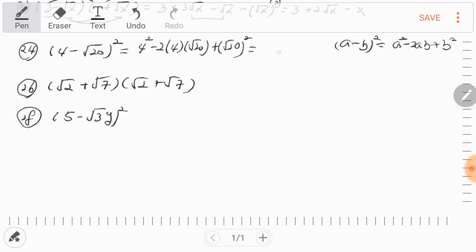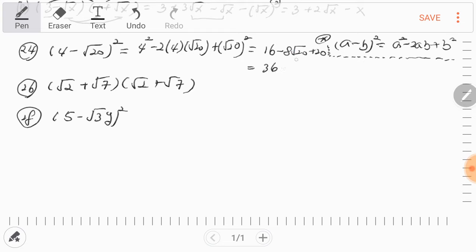So that is equal to 16 minus 8 square root of 20 plus 20. Okay, so 20 plus 16 is 36.